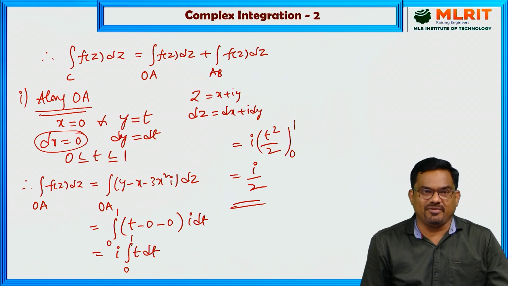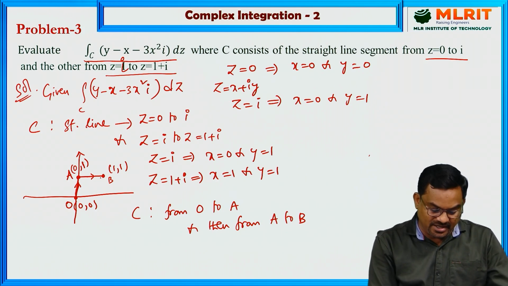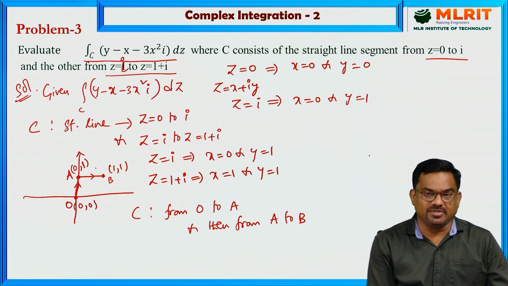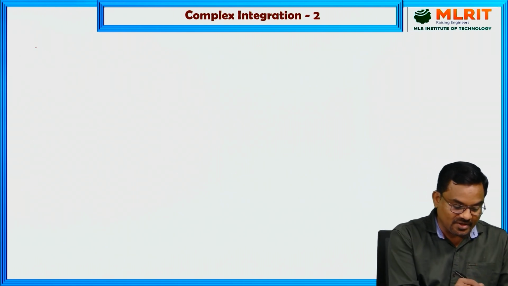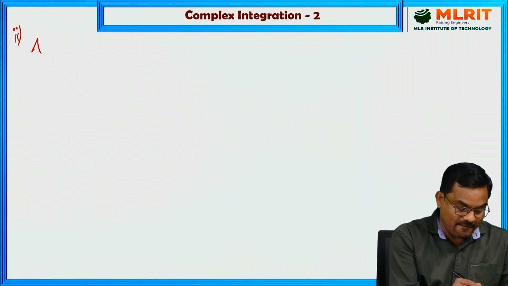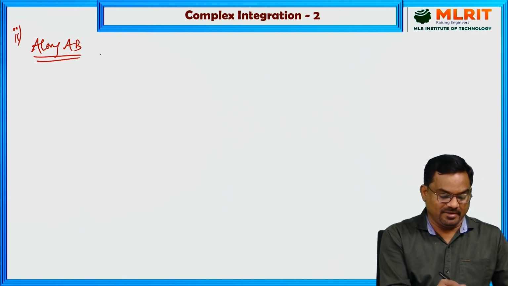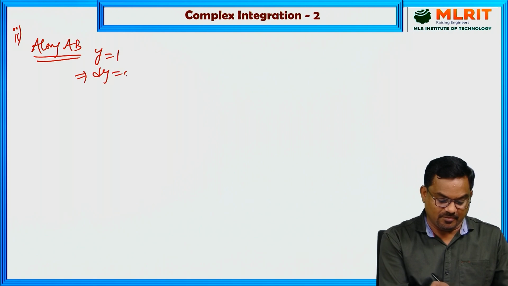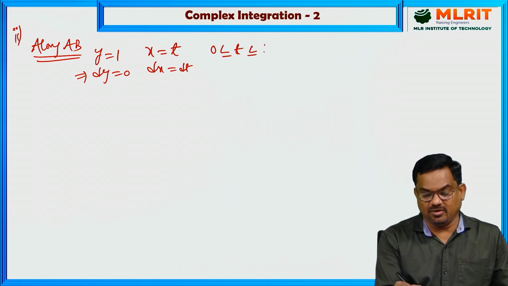Similarly, we need to evaluate along AB. Now along AB, it is very clear that the y value is 1 and x changes from 0 to 1. So now we fix x first. Second one, along AB, y equal to 1. That implies dy is 0. And now I consider x as t. So dx equal to dt, and the limits of t are 0 to 1.